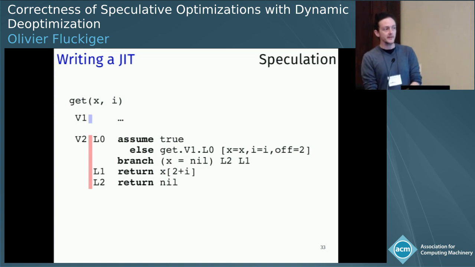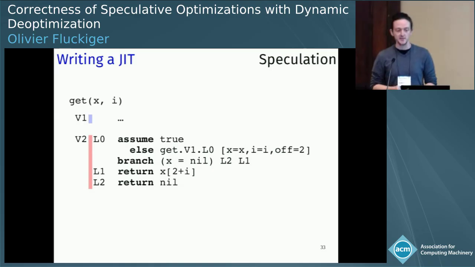Now, the next thing I want to do is give a precise account of what we mean by speculation. Speculation is the following thing. I have some expression in my program that I want to speculate on. Let's say here I have the branch, and maybe, again, I, as the VM that executes this code, have observed that this branch is always taken.